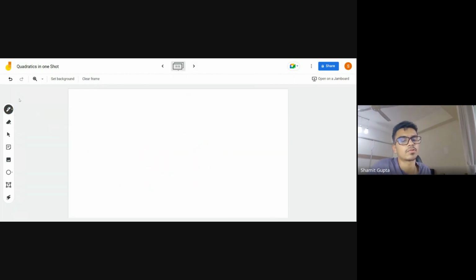Now let's go to quadratic inequality. Let's say I have a quadratic which goes by x squared minus 8x plus 15, and I want to find values for which this is positive.